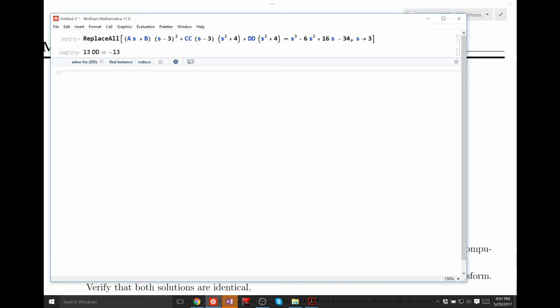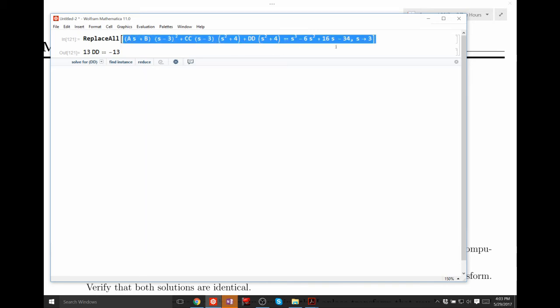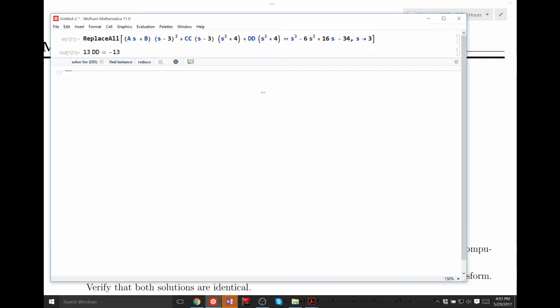Unfortunately, there is no other value of s you can plug in to get such easy equations. So what else can we do? I can use the Collect command to collect all powers of s. And its syntax is very simple.